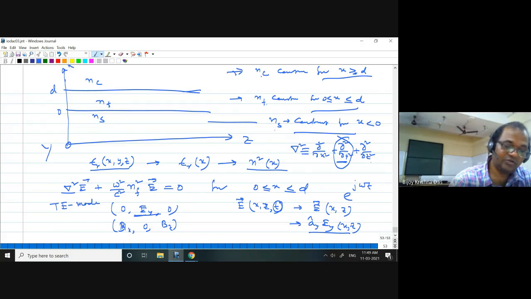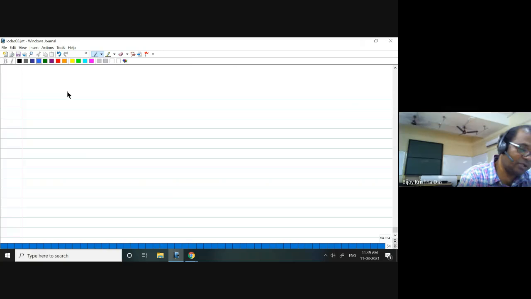But since the wave can propagate along the z direction and can be restricted along the x direction, some kind of distribution will be there. So these two we cannot ignore. But there is no problem if I just consider this EY for the TE mode, EY of x times e to the power j omega t minus beta z.